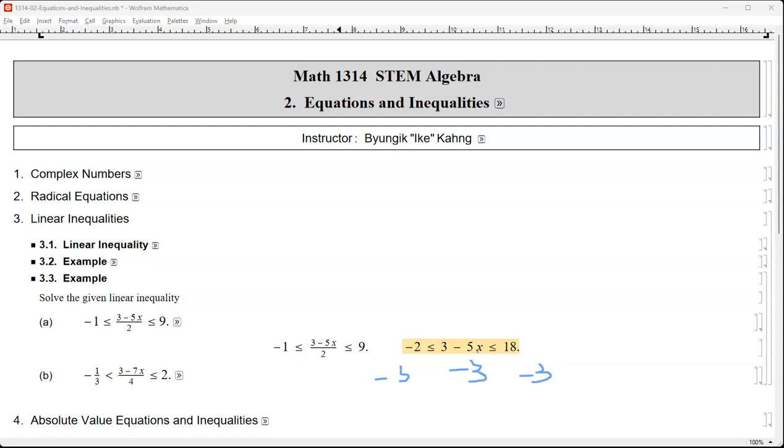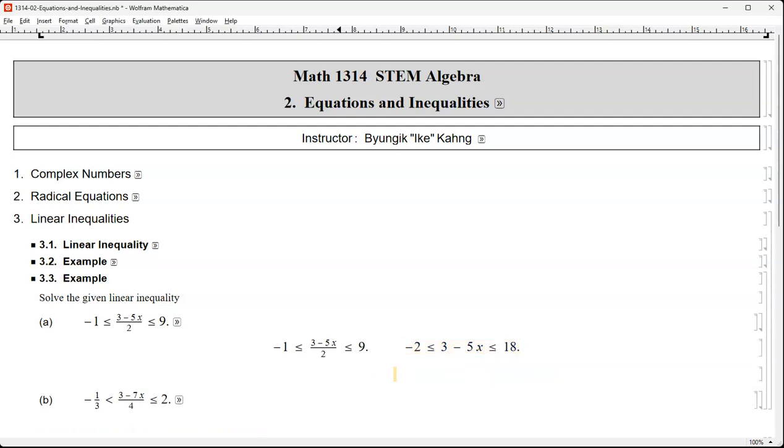So negative 2, this looks almost like 5. Negative 2 minus 3, so negative 5. Positive 3 minus 3, that will cancel. 8 minus 3. So if you do that, you're going to get negative 5, negative 5x, and 18 minus 3 is 15.